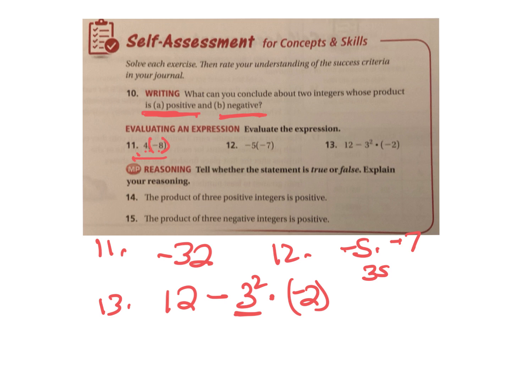So we have 3 squared, so 12 minus 9 times negative 2. Now we do the multiplication. We have a 9 times a negative 2. It's a positive and a negative, so it's going to be a negative 18.